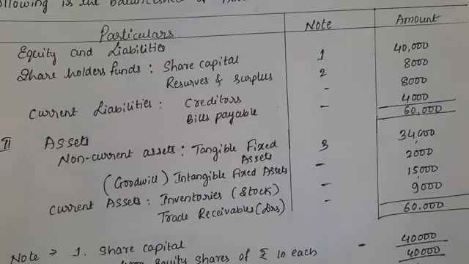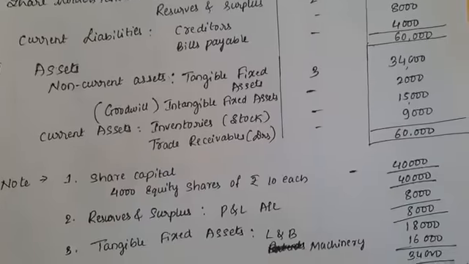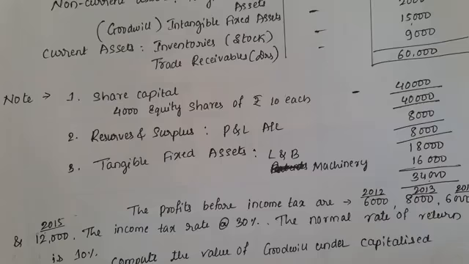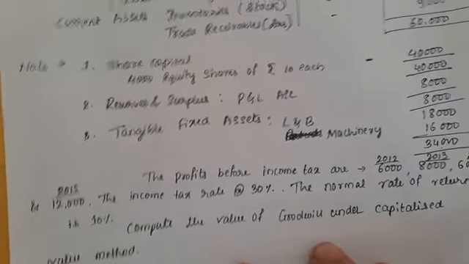That's why you first find the average profit before tax, and deduct income tax at 30%. Then the normal rate of return is 10%. Considering all this information, you have to calculate the value of goodwill under the capitalized value method.